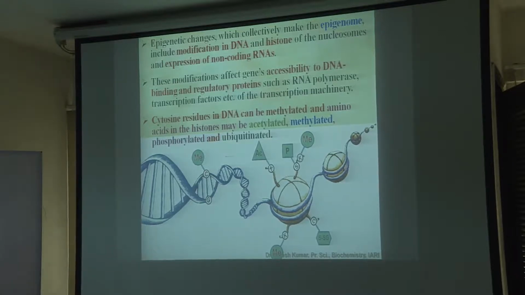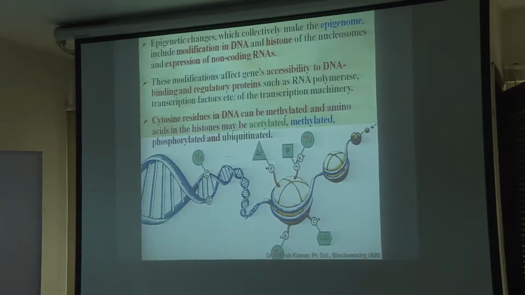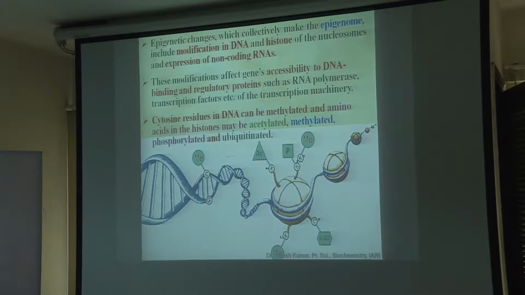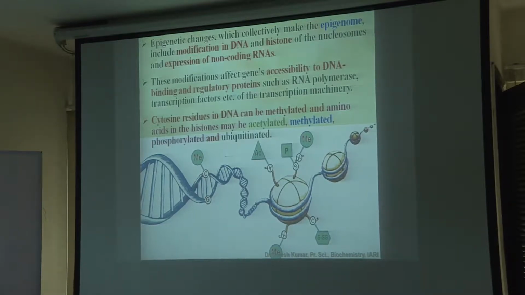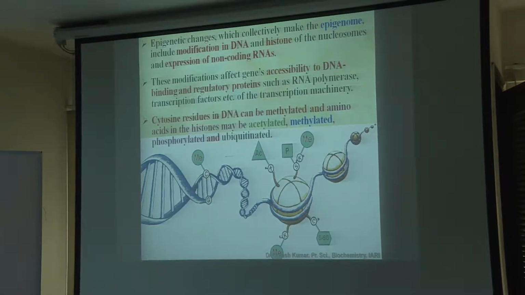Another modification: 5-methyl cytosine is getting further modified with the addition of a hydroxyl group. So, 5-hydroxymethyl cytosine, again at the 5th position. That is called the 6th base. This is very well known.